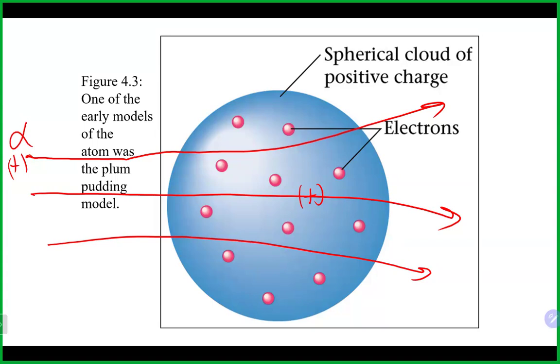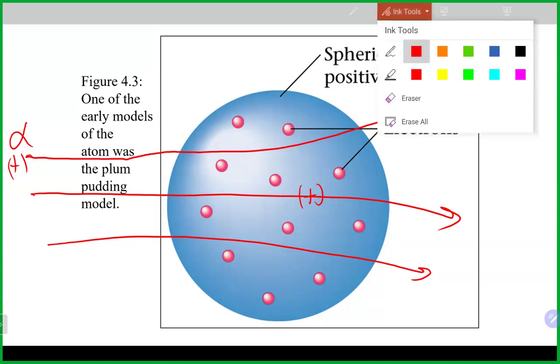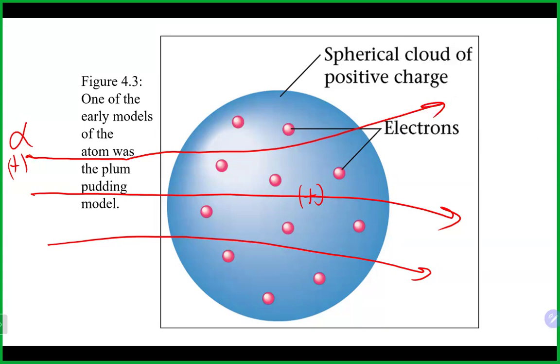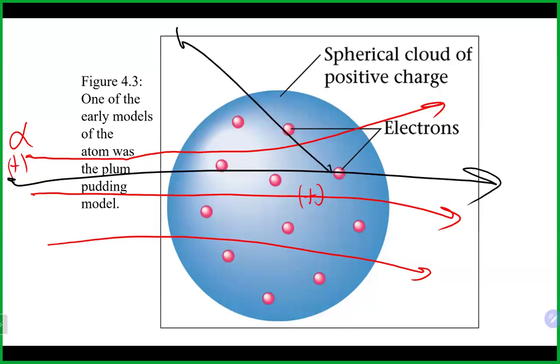What he actually saw when he did it was kind of surprising to him. He saw that his alpha particles sailed through pretty much undeflected. They didn't have any problem, and just went right on through. But what he did witness was that every so often, these alpha particles would get scattered at really large angles, and maybe even come back toward the source.